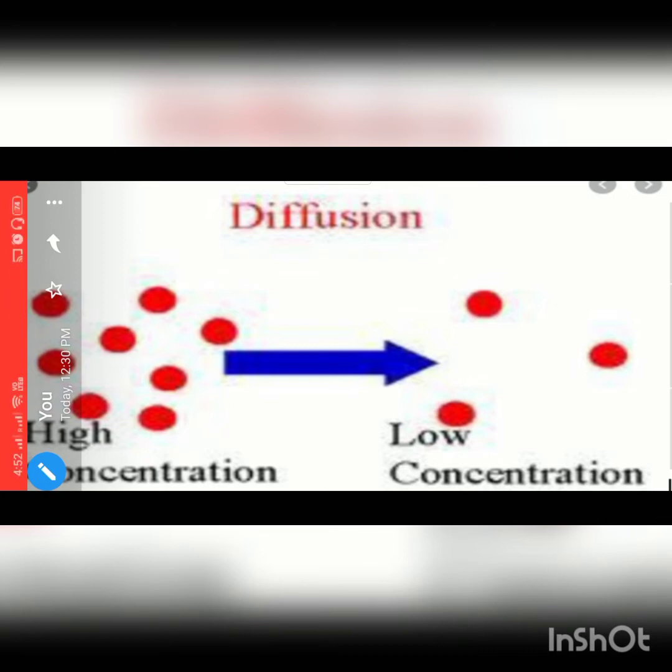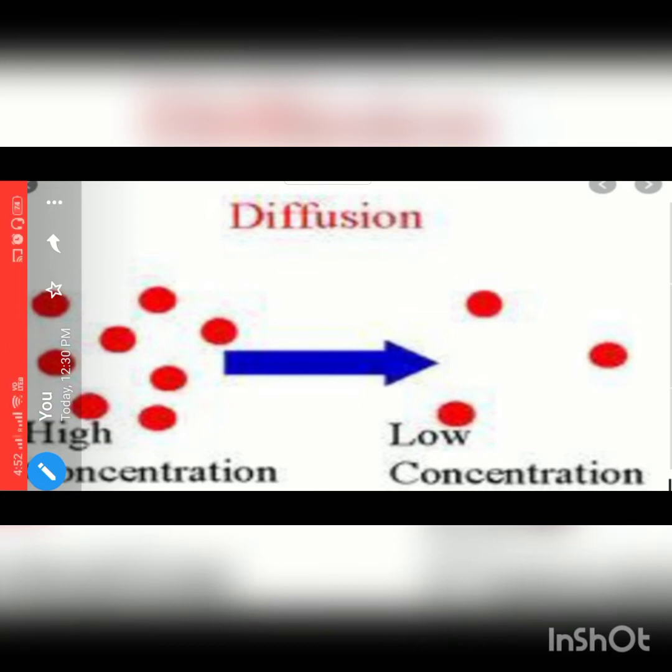What is diffusion? Diffusion is spontaneous movement of substances from a region of higher concentration to a region of lower concentration. So the substances will move from a region where there is a high concentration to a region where there is low concentration. So consider that carbon dioxide, which is a cellular waste, is in high concentration inside the cell.